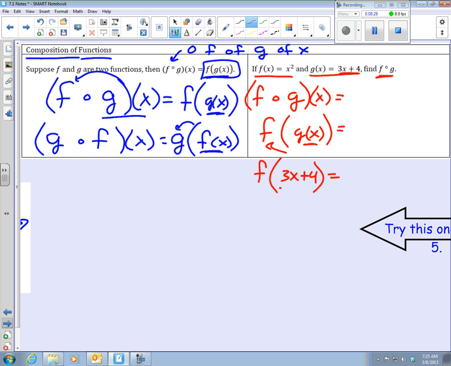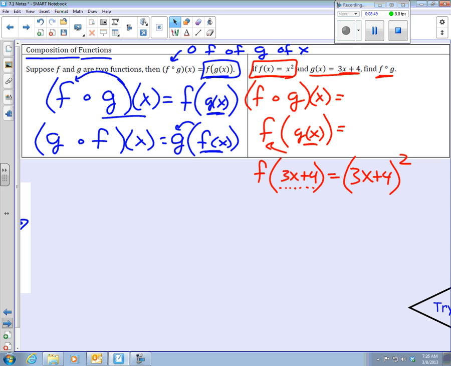So I'm going to plug this 3x plus 4 into my f of x function. Well, there's only an x squared there, so it becomes 3x plus 4, that quantity, squared. Okay, so is this power 2 power, yes or no? Exactly, it's not.